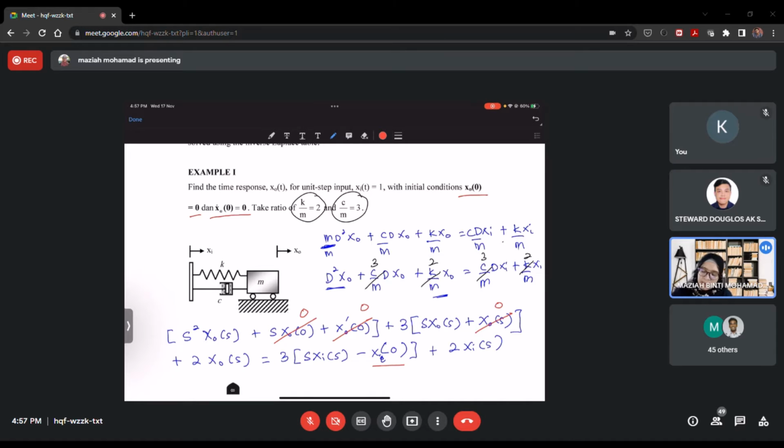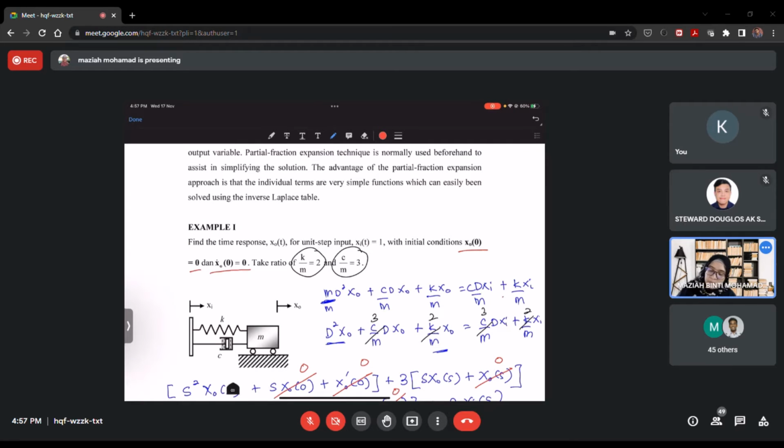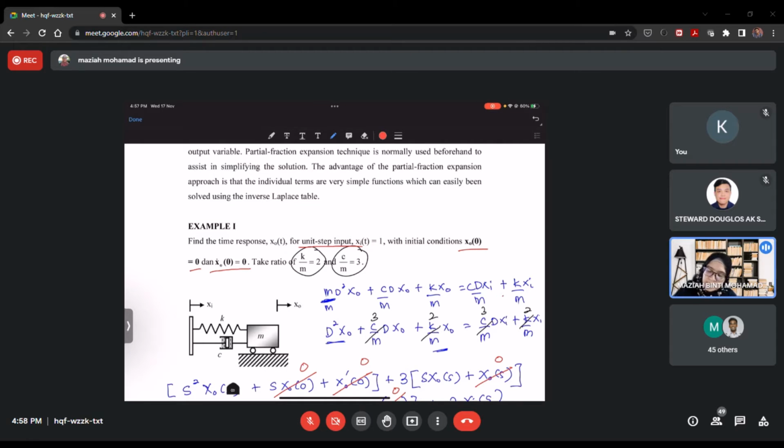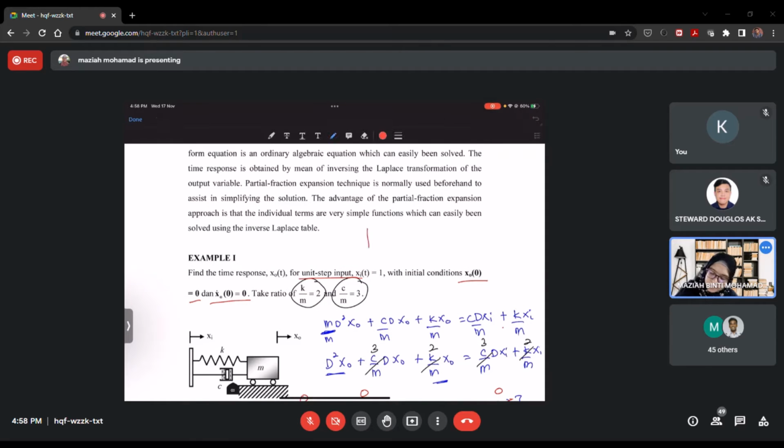Xi 0 is also considered 0 because the input is mentioned as a unit step input. The common shape of a unit step input is like this. It starts with 0, so at t equal to 0, xi 0 is 0.